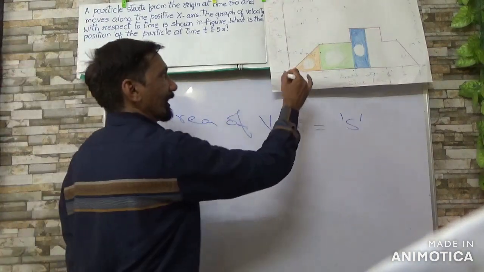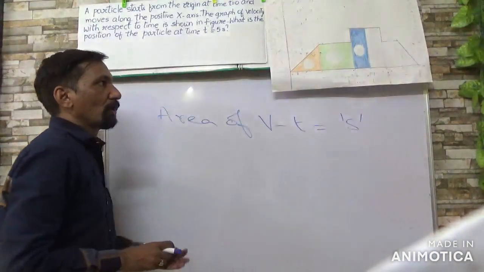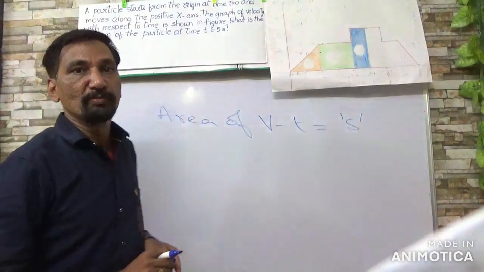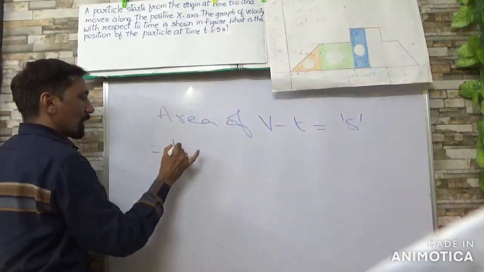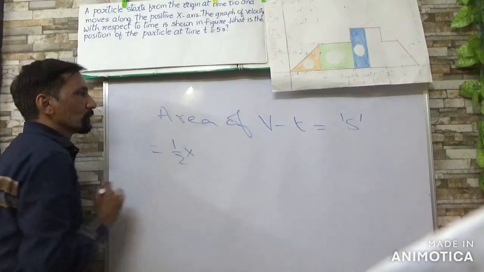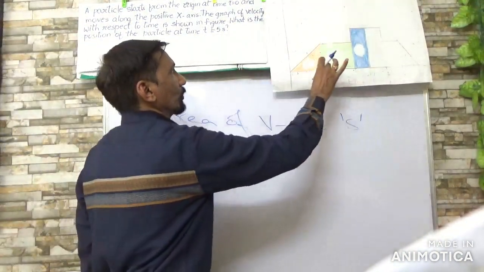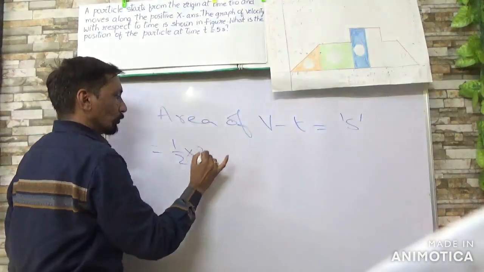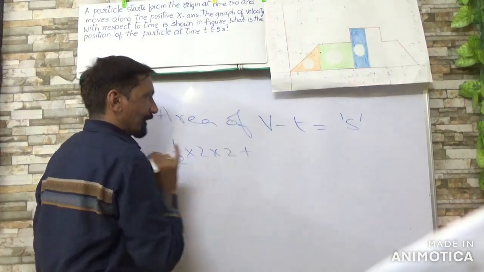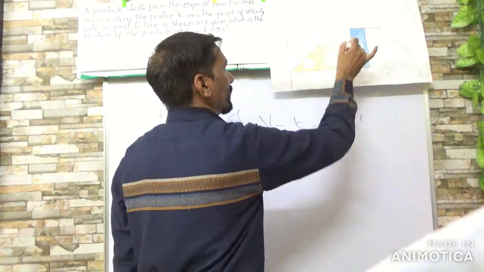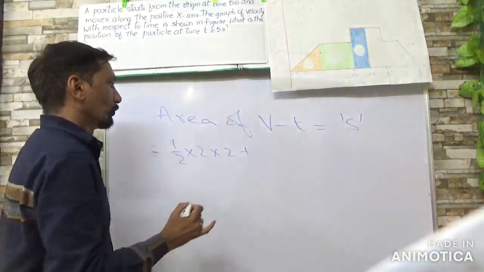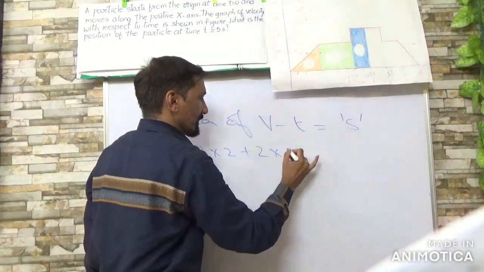The first part is a triangle, and all are on the positive side, so they must be added. The triangle is half base into height, where base and height are both 2. Plus from 2 to 4, the difference is 2, and this is also 2, so it is a square.